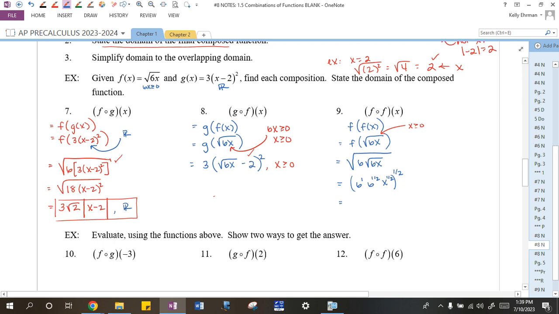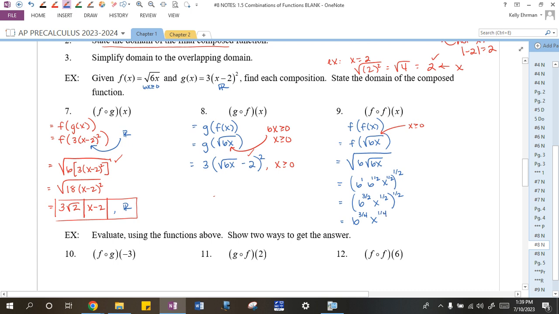So 6 to the first times 6 to the 1/2 is 6 to the 3/2, times x to the 1/2, raised to the 1/2. And then when you do power to a power, you multiply your exponents. So 6 to the 3/2 raised to the 1/2 power, I multiply 3 over 2 times 1 over 2, I get 6 to the 3/4, x to the 1/2 times 1/2, 1/4.